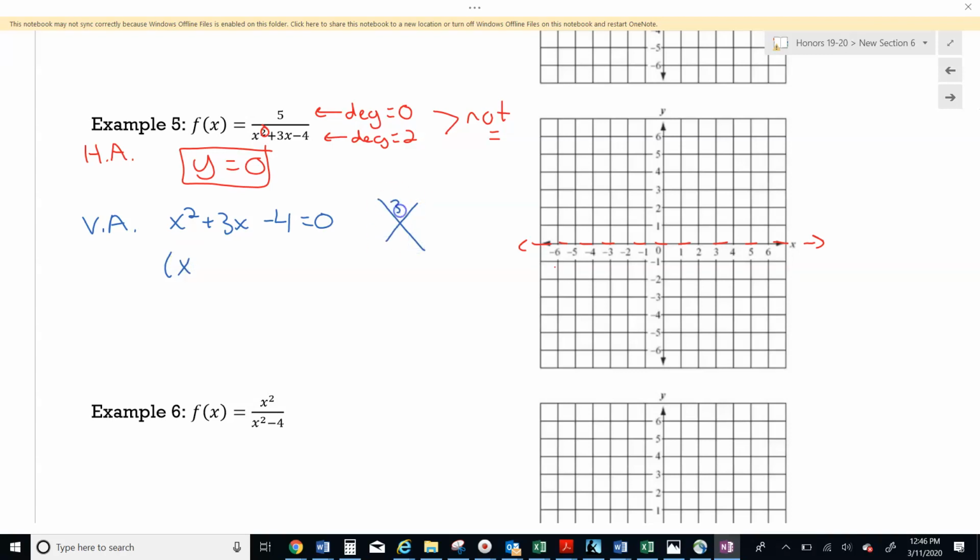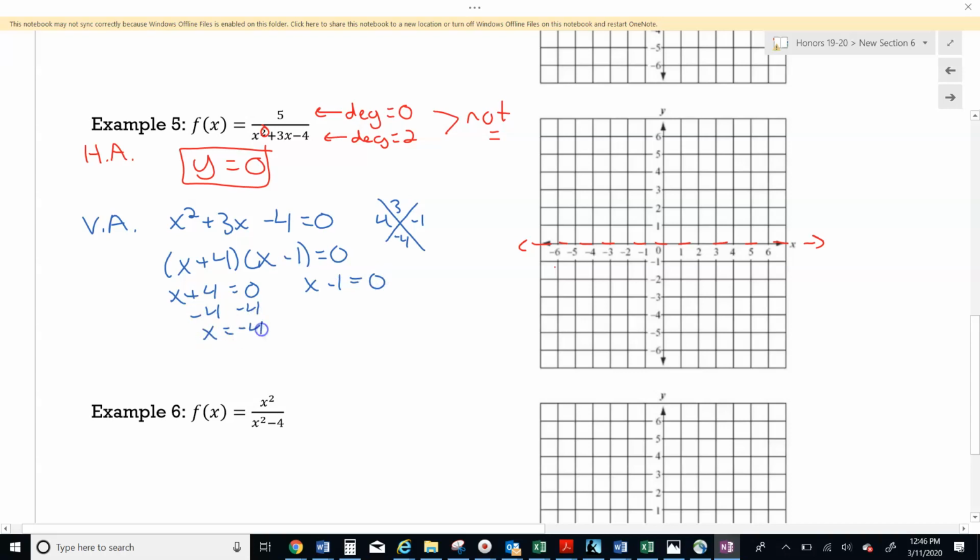I'm adding the 3, multiplying to negative 4, that's 4 and negative 1. x plus 4, x minus 1. So that means x plus 4 equals 0, x minus 1 equals 0. So we have negative 4 and 1.